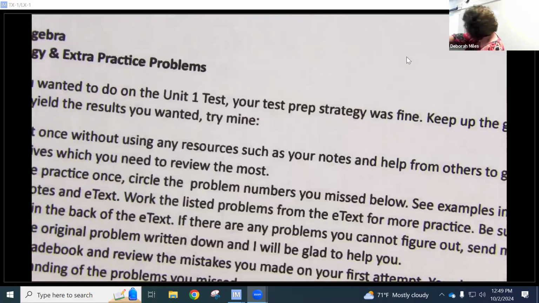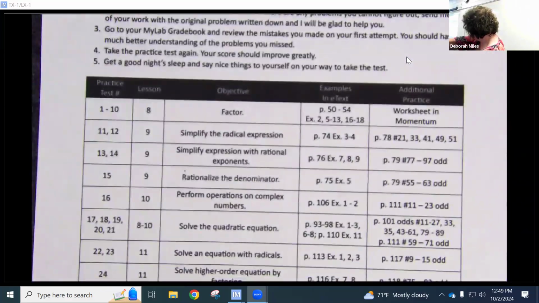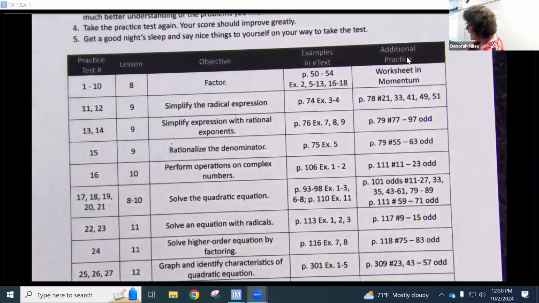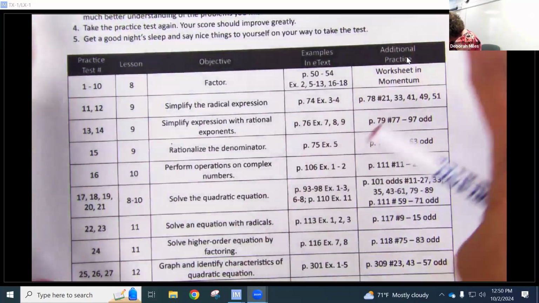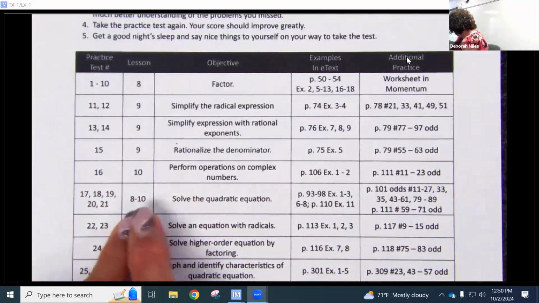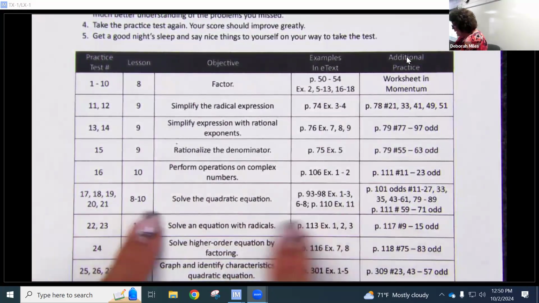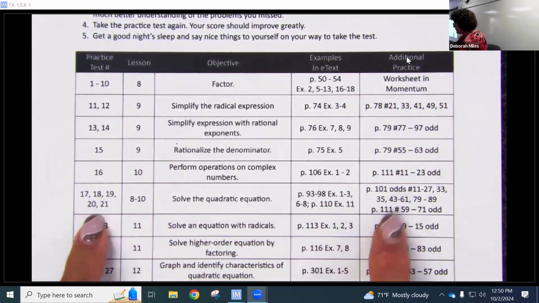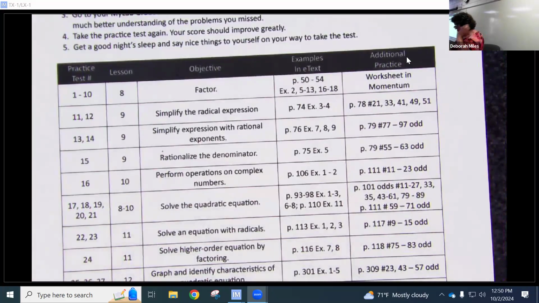But I already have this in momentum for you, and I think some of you will take it seriously this time. Maybe they didn't take it seriously last time. Since we finished through lesson 10, you could do the first 21 problems on the practice test if you wanted to start working on it this weekend. 1 through 21. All right, see ya.